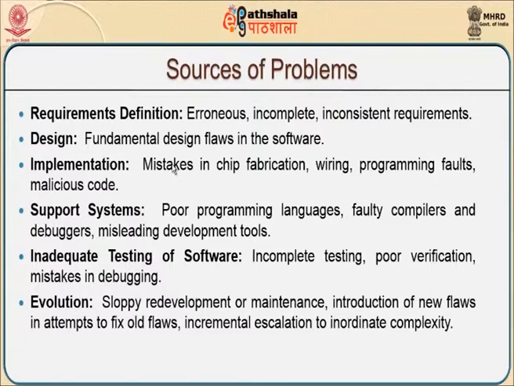Preliminarily, as part of the software development life cycle, we define requirements. As part of requirements, there is plenty of possibility that we may not meet the requirements as specified by the user. So, while testing, we may find these requirements to be erroneous, incomplete and inconsistent.